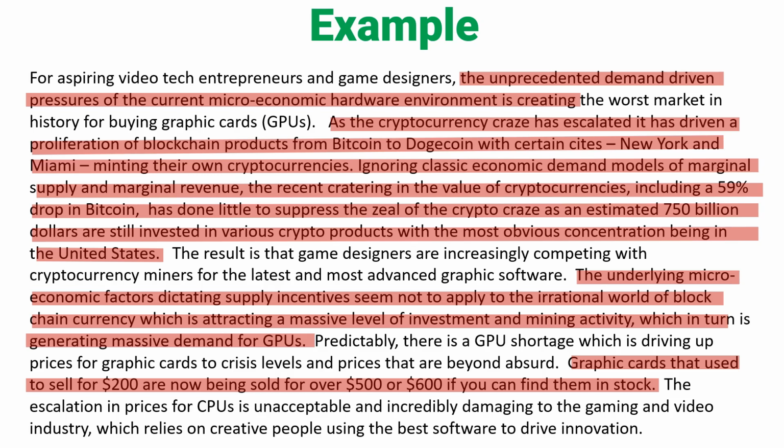So we have, for aspiring video tech entrepreneurs and game designers, this is the worst market in history for buying graphic cards. Okay, the result is that game designers are increasingly competing with cryptocurrency miners for the latest, most advanced graphic software. So there's a GPU shortage, which is driving up prices to crisis levels. And this escalation in prices is unacceptable and damaging to the gaming and video industry, which relies on creative people using the best software to drive innovation.